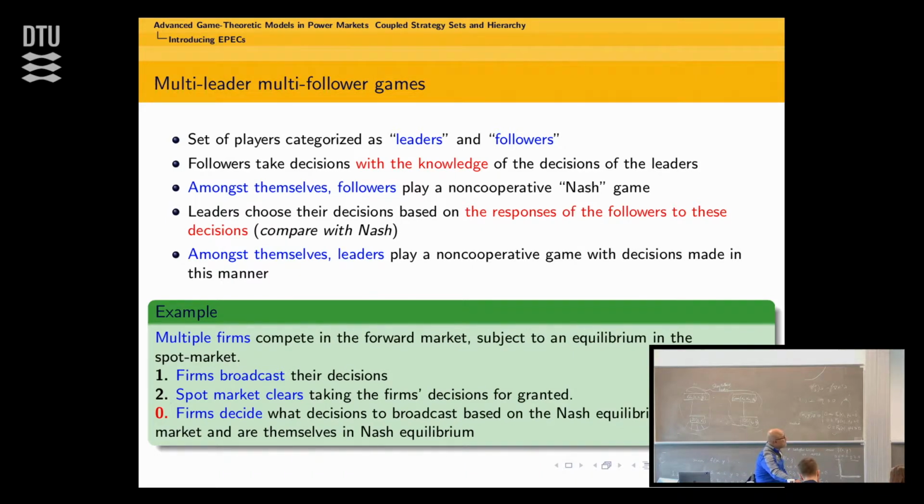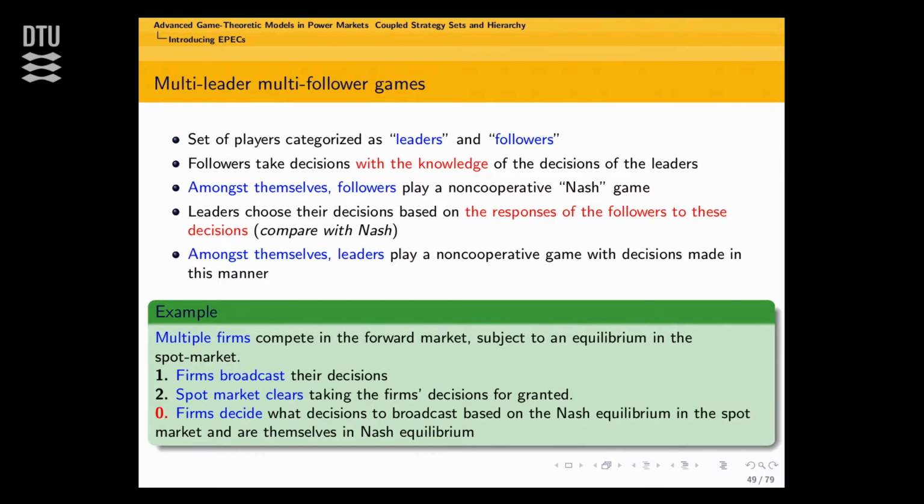Okay, so then followers take the decisions with the knowledge of the decisions of the leaders, and in fact often parameterized by that knowledge. Amongst themselves, followers generally play a non-cooperative game. If there's a single follower, that follower just optimizes. Okay, leaders choose their decisions based on the responses of the followers to these decisions, as opposed to Nash.